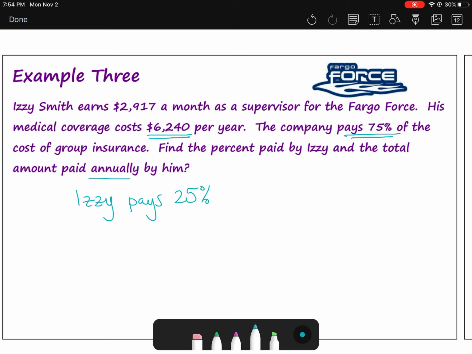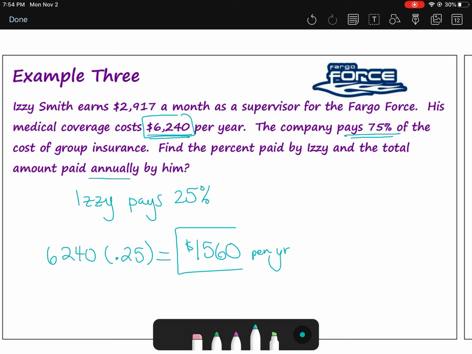Okay, so again, we know the medical coverage costs $6,240. Izzy pays 25%, so times that by 0.25, and I get $1,560 per year. So that's what Izzy contributes per year.